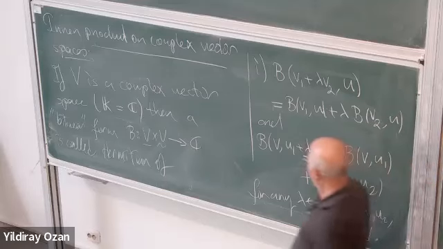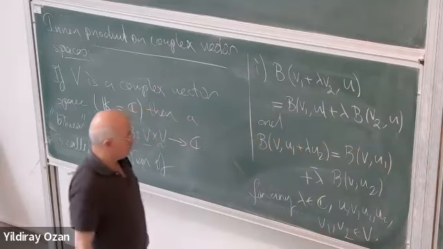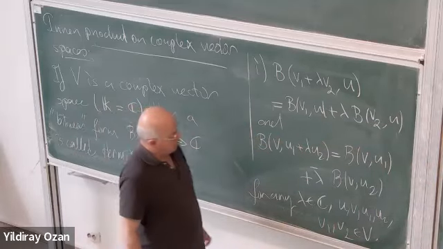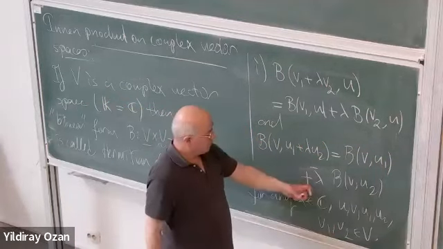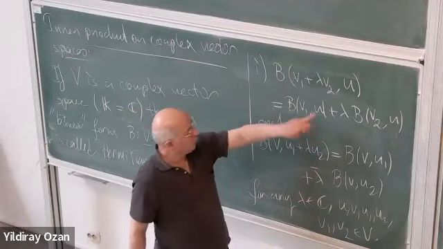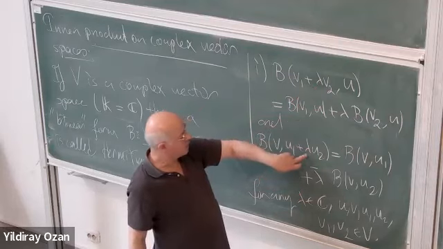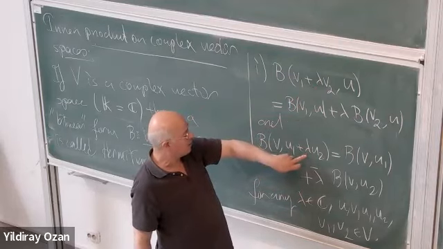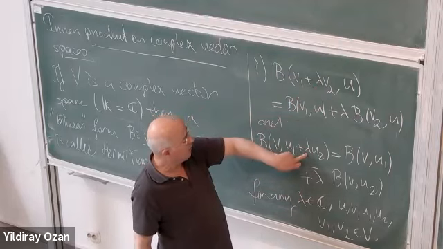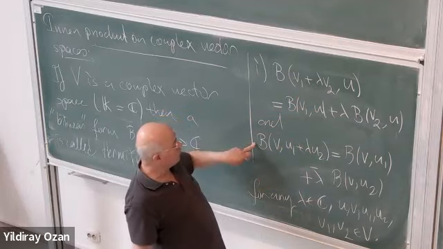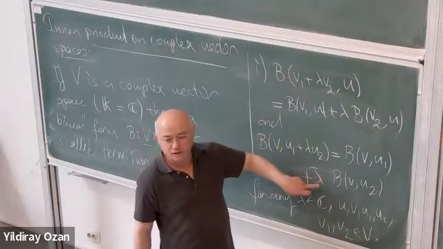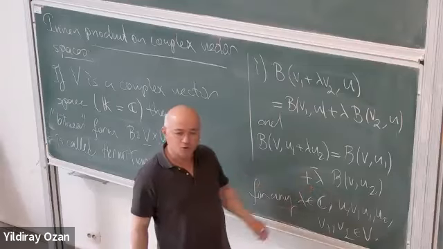It is conjugate linear, or maybe skew linear, in the second coordinate. So a scalar constant in the second coordinate goes out as conjugate, not as lambda but conjugate.